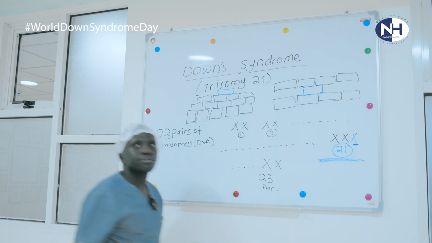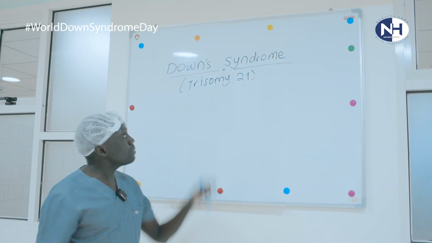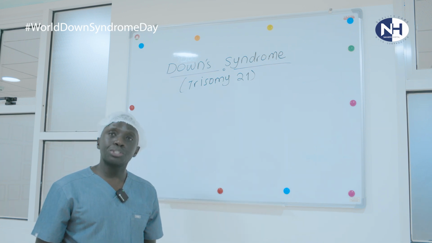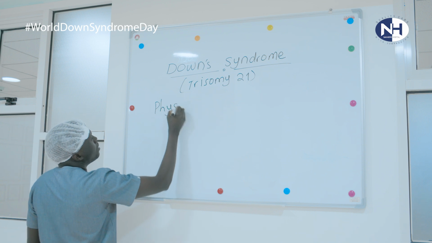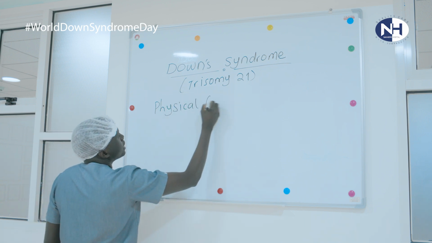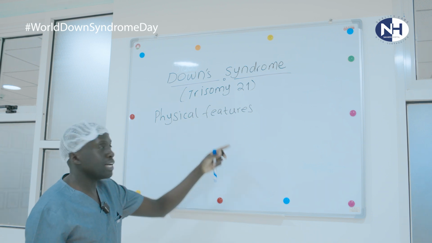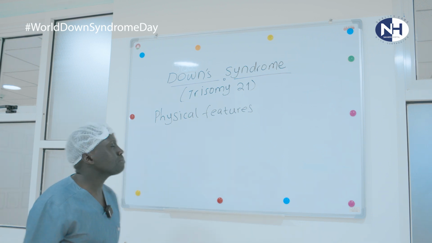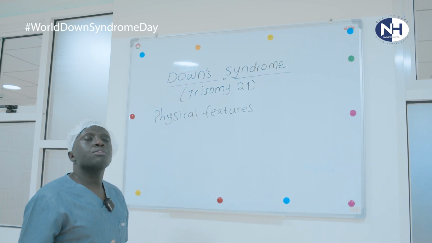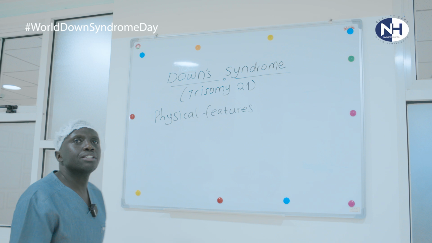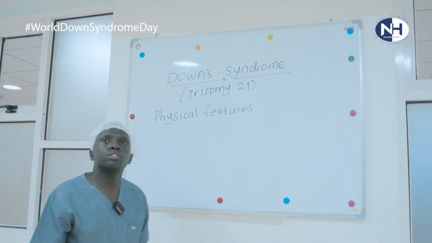So how do we make a diagnosis of Down syndrome, or trisomy 21? There are certain physical features. I'm not going to go through the physical features, but that's how we make a diagnosis. However, for us to be 100% sure, or to confirm this diagnosis, we usually do a test in the hospital.